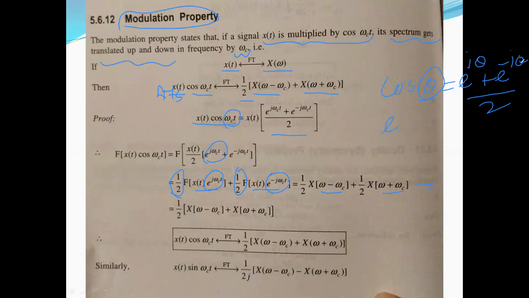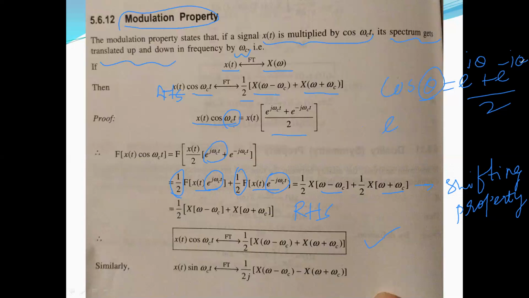This is due to the shifting property which was there in the second property. You can go back to property 2, that is the first video, and learn that shifting property. Hence the RHS is proved. So that is the proof of the modulation property.